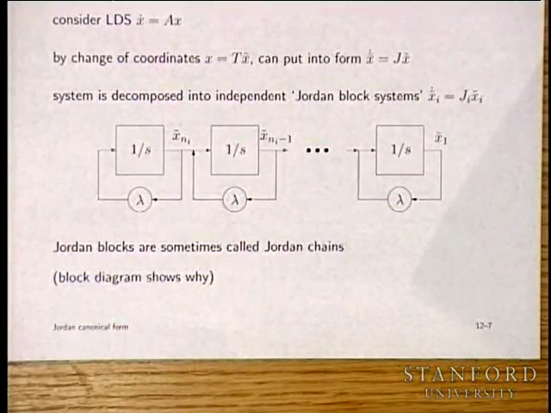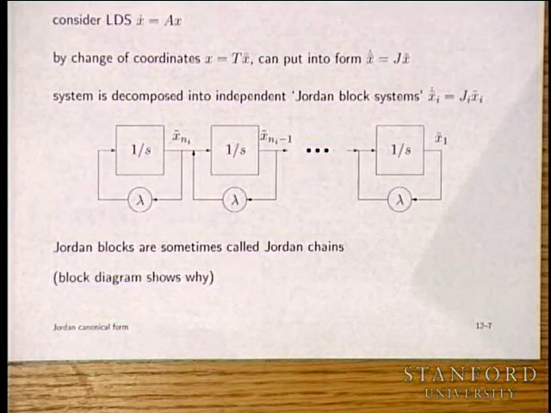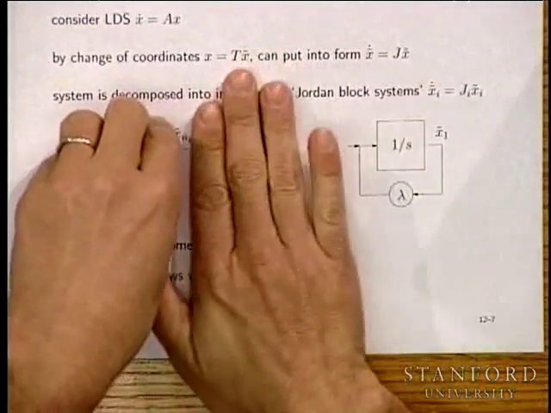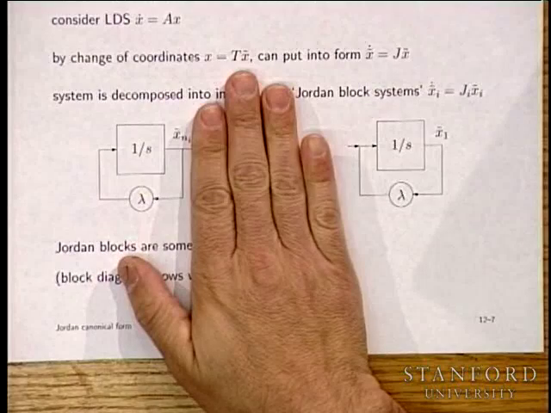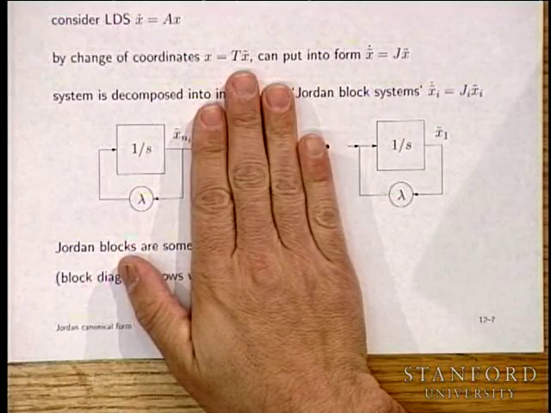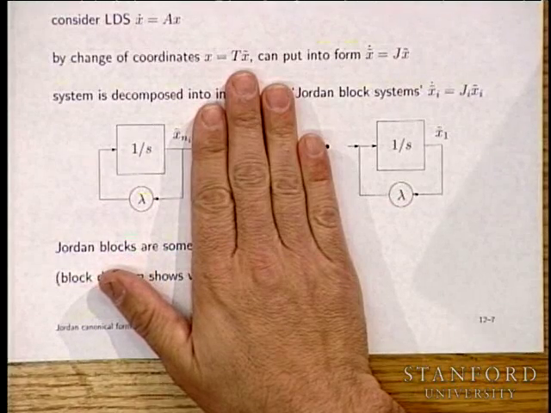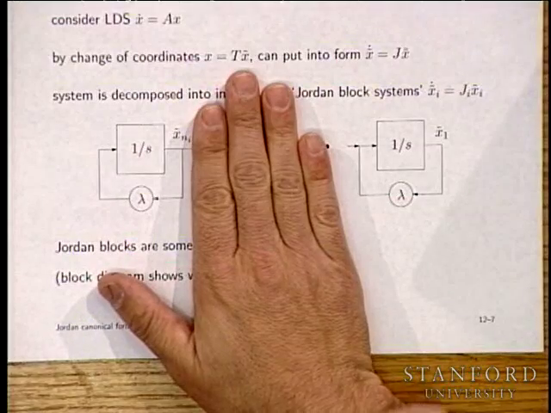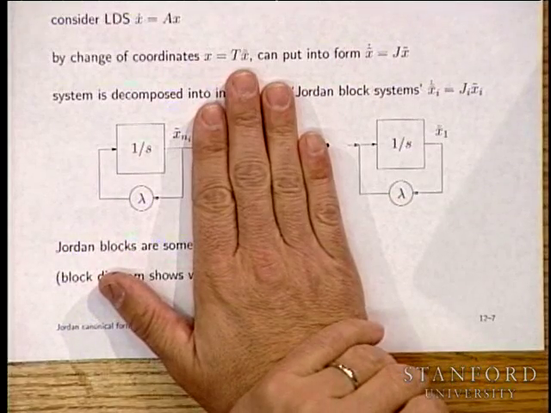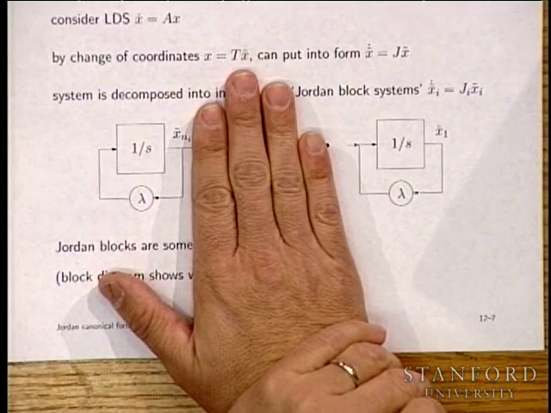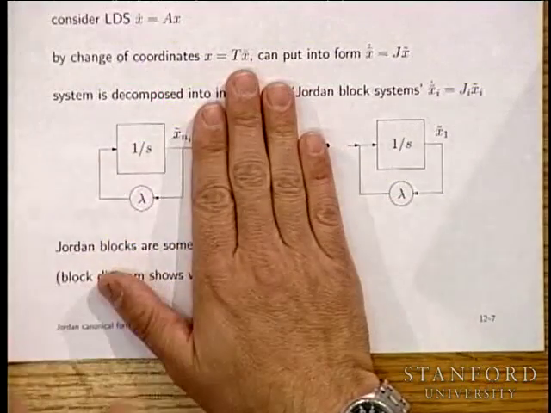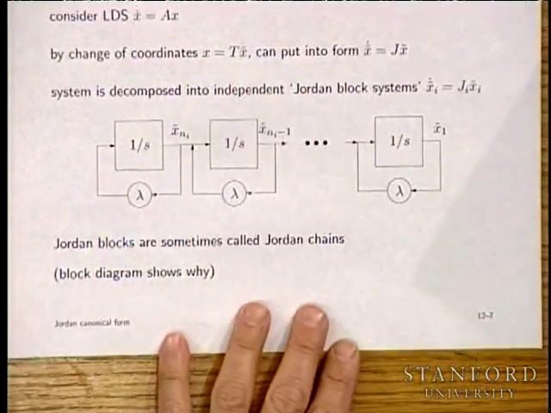Remember what the diagonal system looked like. It's n boxes that look like this. So the Jordan blocks are going to have to do with dynamics blocks that cannot be decoupled, because they're connected in cascade, not in parallel.